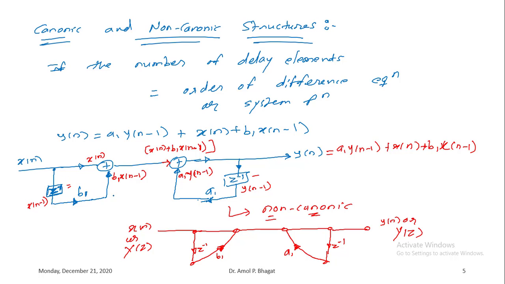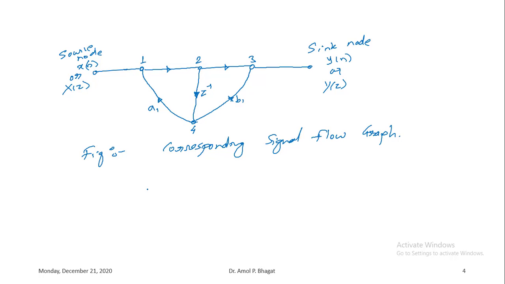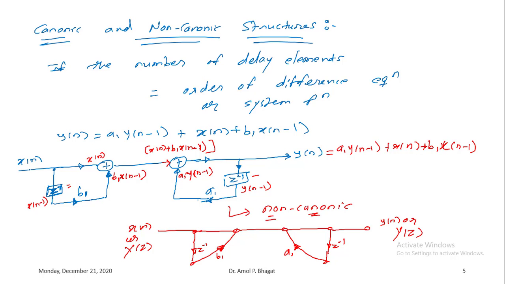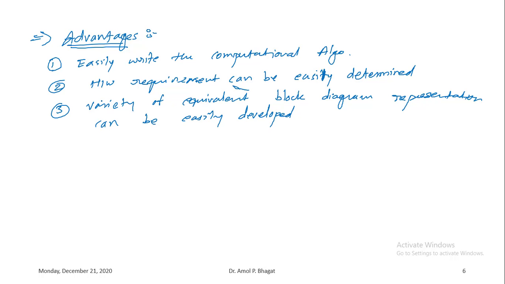So instead of using this realization, we can go with the canonic realization for hardware or software implementation of the given digital system, because here the number of blocks or operations required is less. That is the third advantage of block diagram representation.